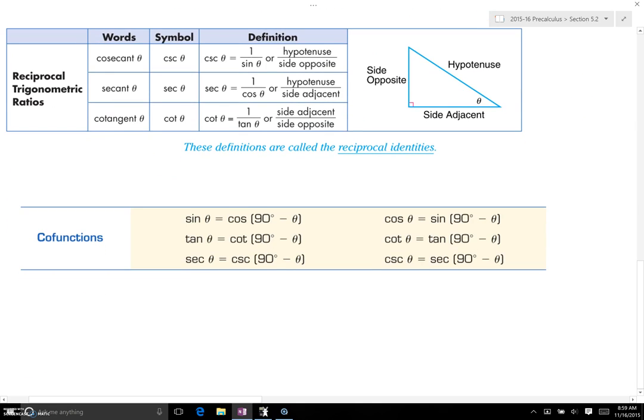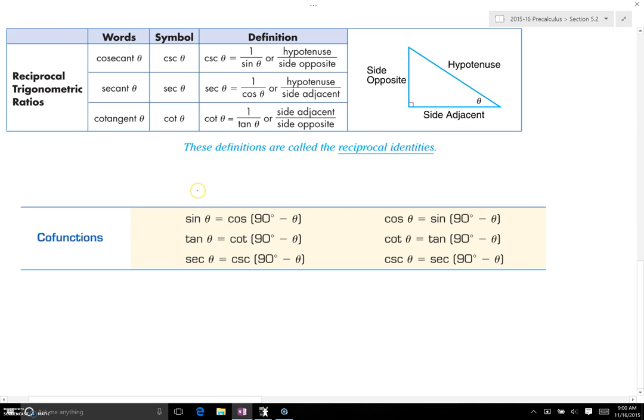Now we also have co-functions. So these are relationships between the trig functions. In this case, sine gives the same value as cosine, except it's off by 90 degrees.